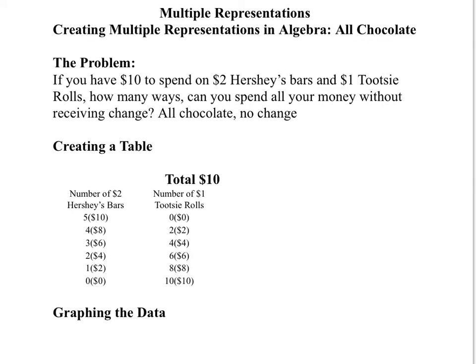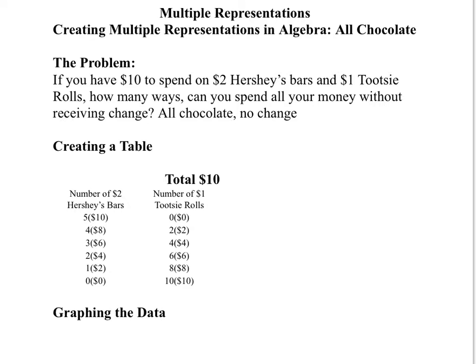If I wanted to buy all Tootsie Rolls, they are $1 each, so I divide 1 into 10 and can buy 10 Tootsie Rolls and no Hershey bars. Those are the two extremes, the top and the lower, so it's pretty easy for them to come up with that. But in the middle is where they struggle just a little bit.